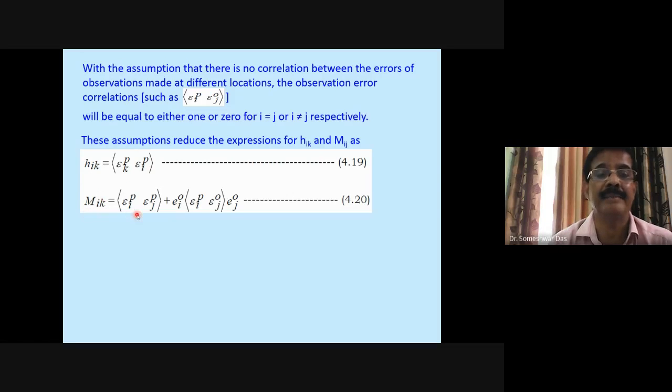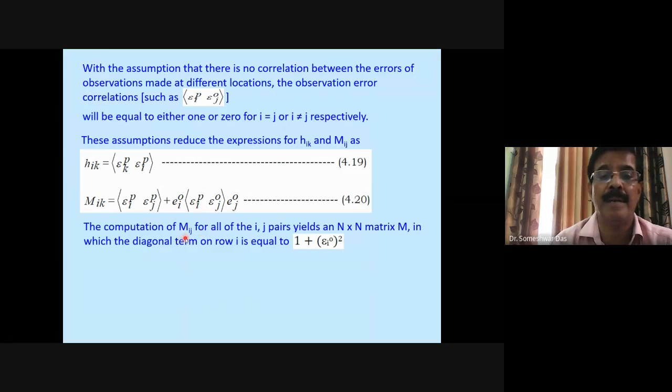And MIJ is the error correlation between I and J of the prediction, plus EIO, the error at the ith observation point, times the correlation between epsilon OI and epsilon OJ, which is the correlation between I and J points for the observation, times EJO, the error of the observation at the point J. The computation of MIJ for all the I-J pairs gives an N by N matrix M, in which the diagonal term on row I is equal to 1 plus epsilon IO squared.